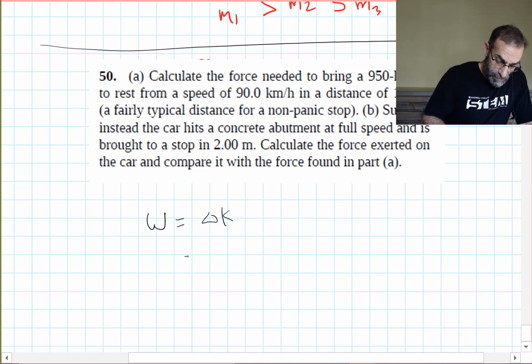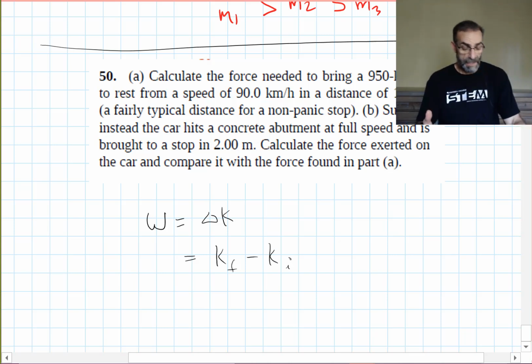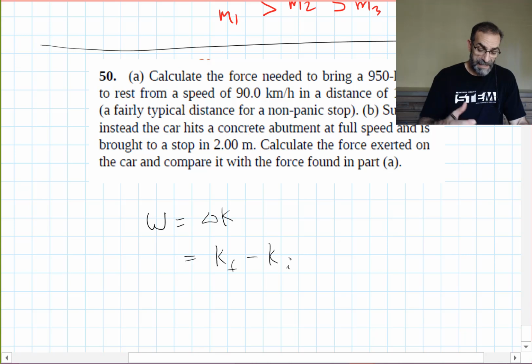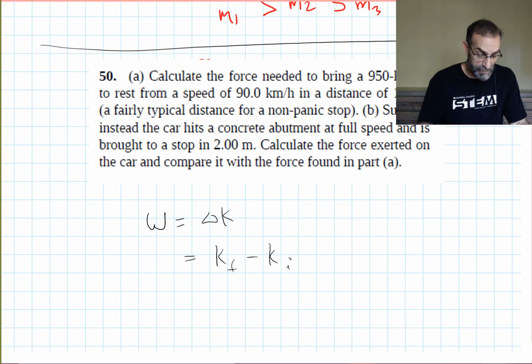And this is going to give you K final minus K initial. So if the object is slowing down, this force has to be doing negative work on it. But I'm pretty sure they just want the magnitude of the force. Did they ask for whether the answer is negative or positive? I would think they would just want the magnitude of the force.